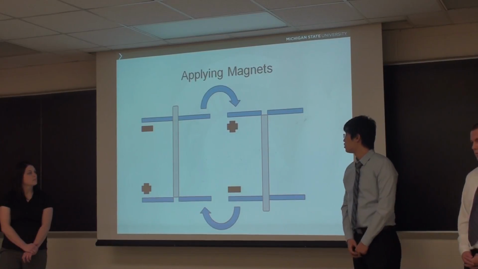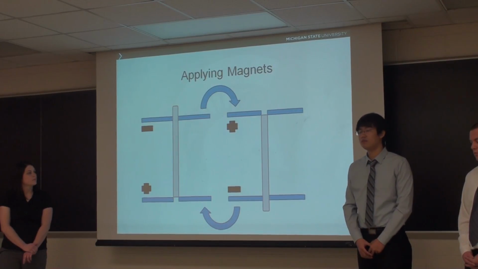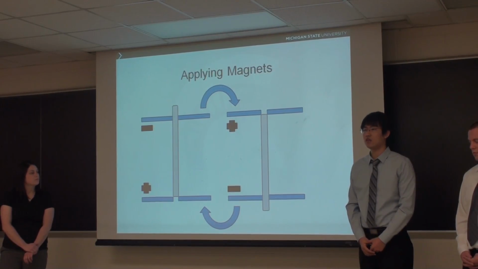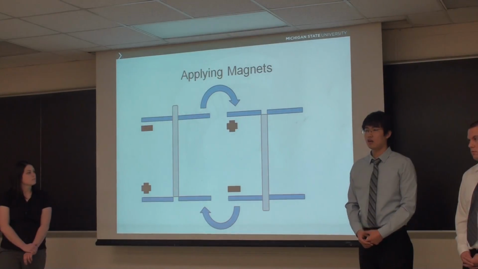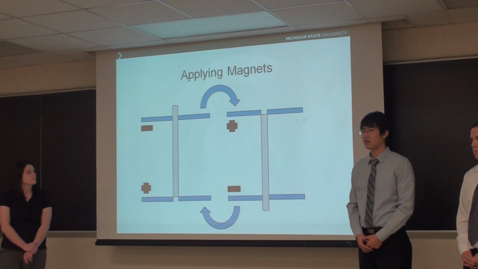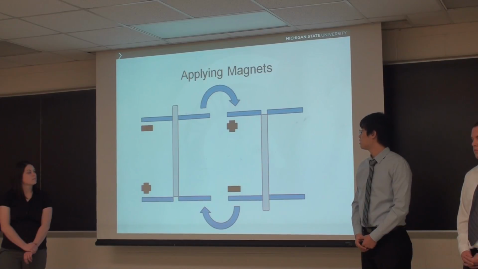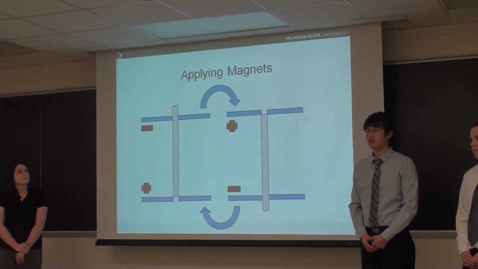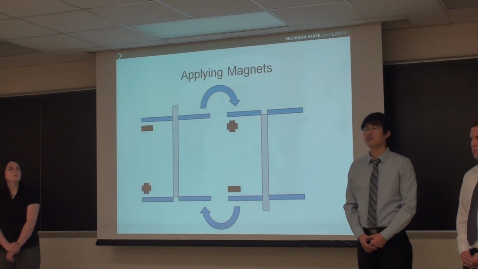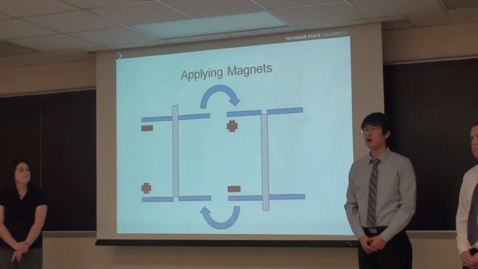This diagram shows in depth how the polarity is affected by the solenoid. The polarity changes depending on the direction of the current in the solenoid.